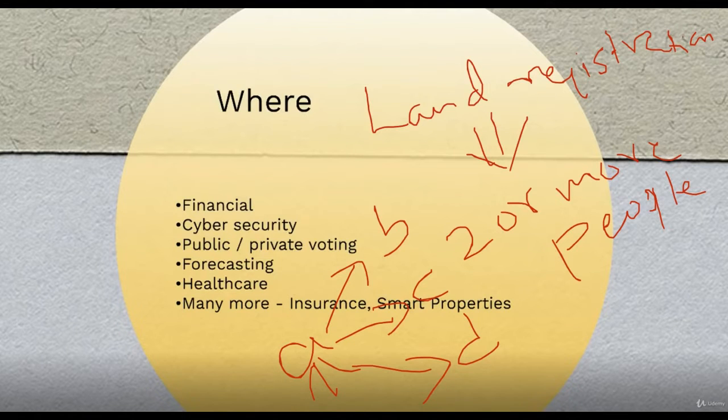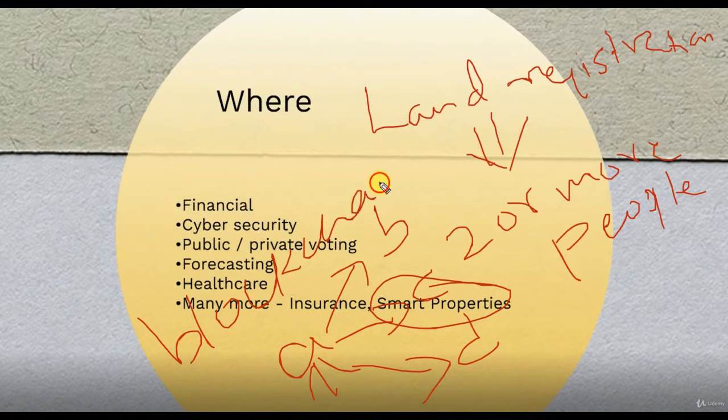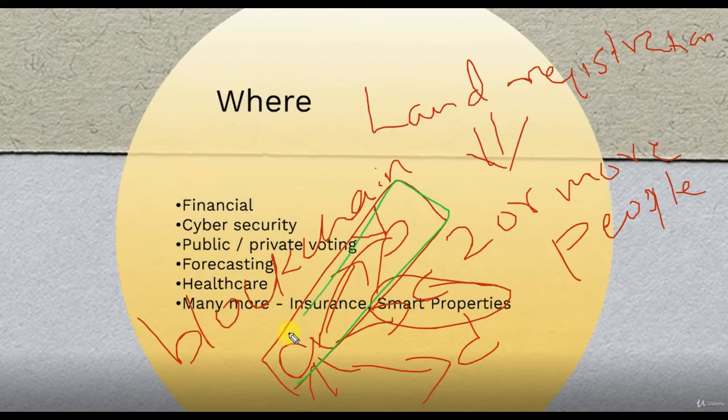When you go for blockchain technology, when A is making the transaction to B, we make sure that A has already sold the property to B. Now A is no more the owner of the property. B is the owner, and from A to C you cannot make any transactions again. That is where blockchain is used in land registration and all.